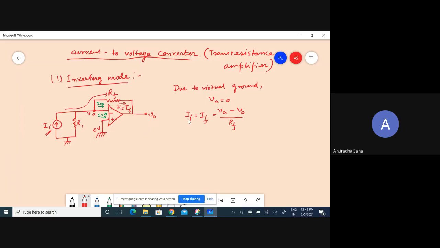That is why the current is flowing in this manner. So I can write this II or IF is nothing but VA minus VO by this resistance RF. So then I can write that this II is nothing but minus VO by RF, since we know that VA equal to 0, right? Or this output voltage, because this is a current to voltage converter, so automatically the output must be the voltage signal.